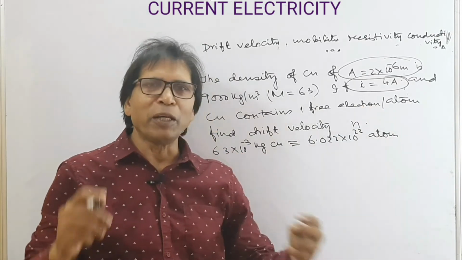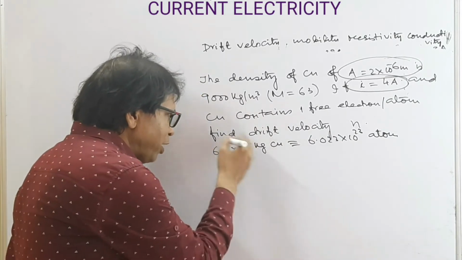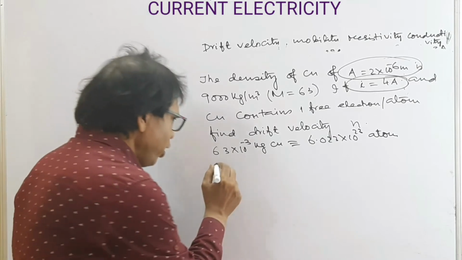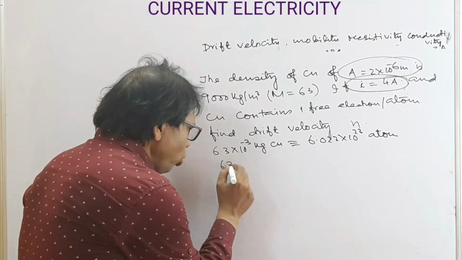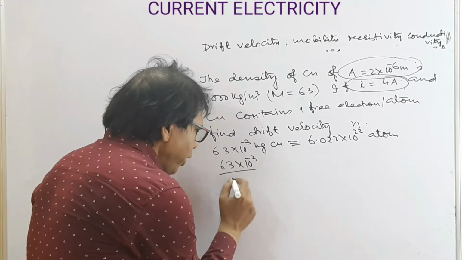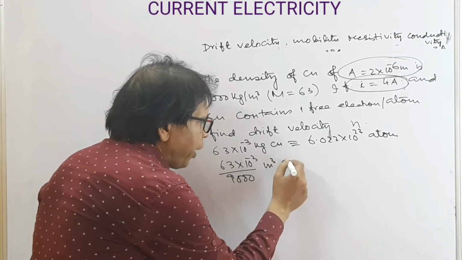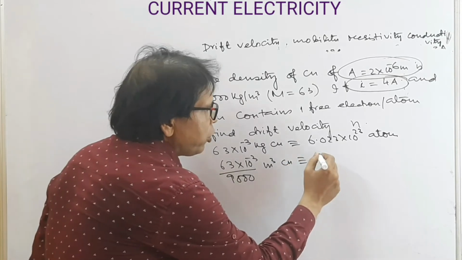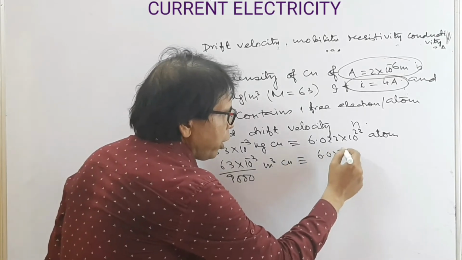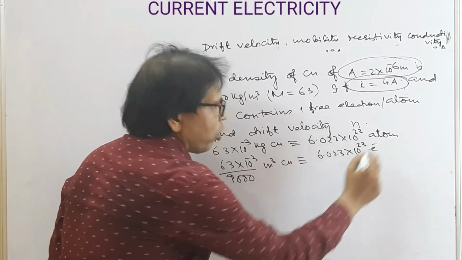So atom can be replaced by free electron. So look at this. If it is divided by its density, we can get volume. So look at this. 63 into 10 to the power minus 3 divided by 9000 meter cube copper contains 6.023 into 10 to the power 23 free electron.